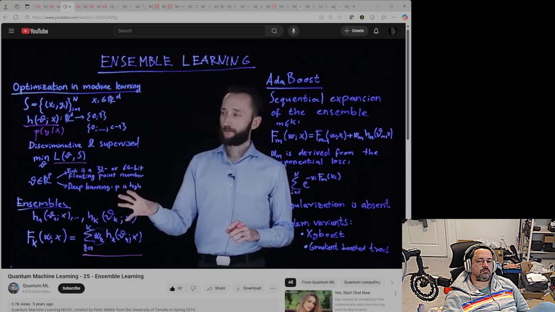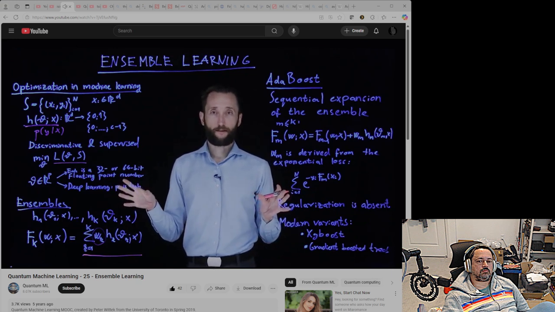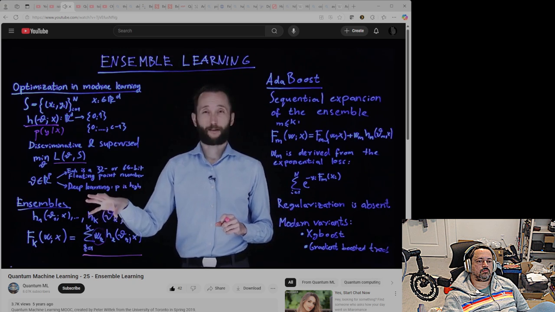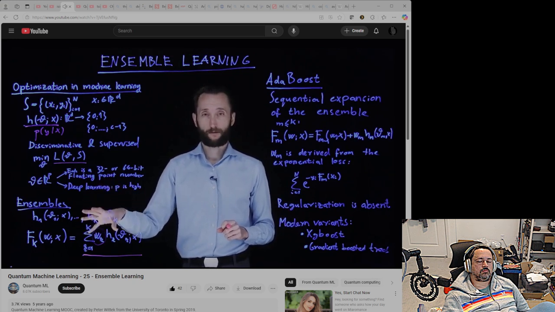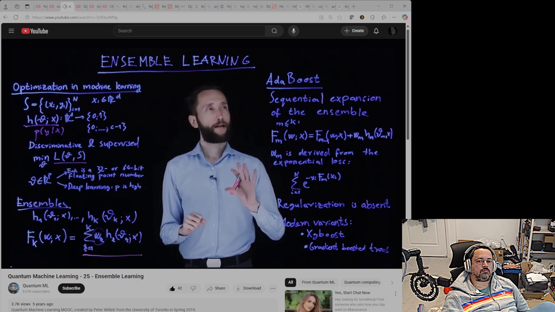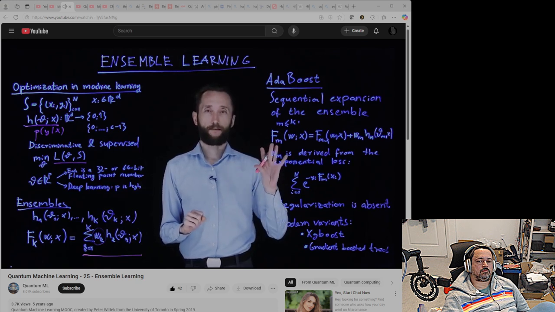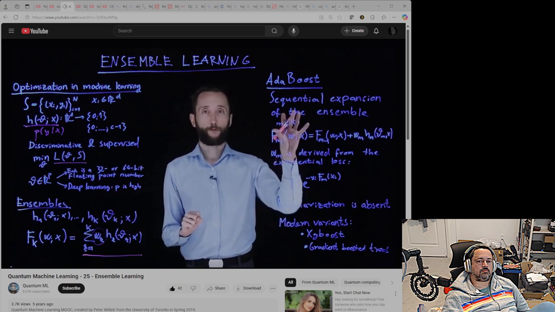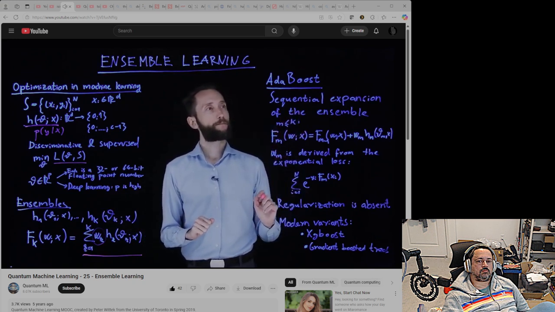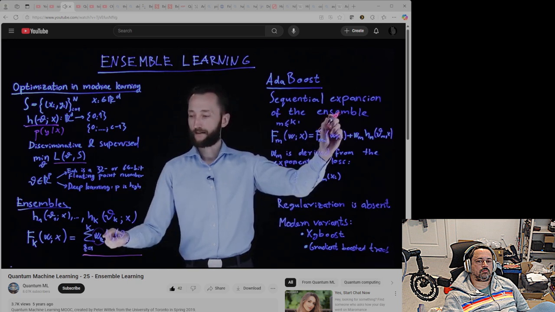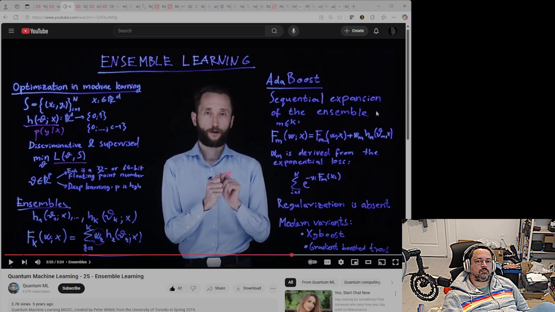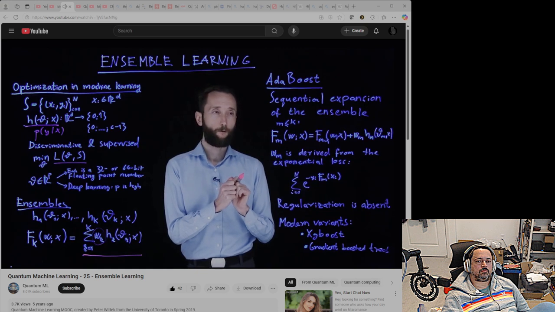This idea of ensembles has been around for at least 20 years, slightly more, and they're still very important. Many of the Kaggle competitions are won by ensembles of neural networks. And one of the first algorithms that made this idea extremely useful was AdaBoost. What it does is keep expanding this ensemble sequentially. So it adds a new learning model to the ensemble one by one.